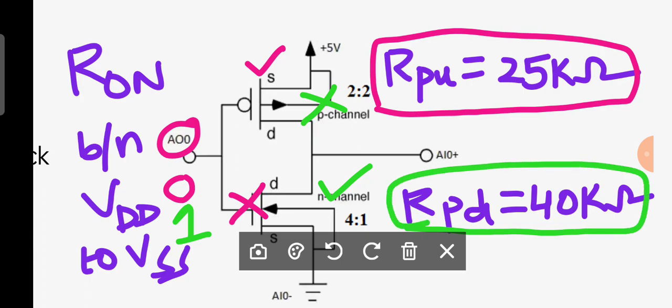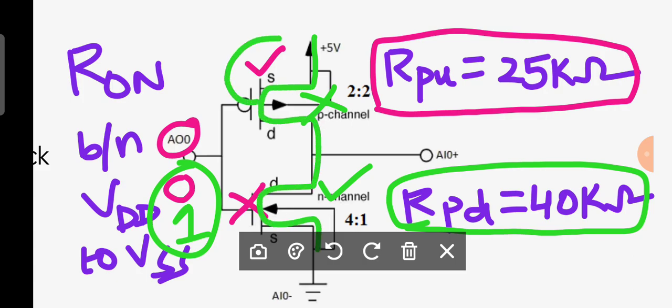We do not have any chance to determine the on resistance between VDD to VSS. Why? Because only one of the transistors is going to be turned on.